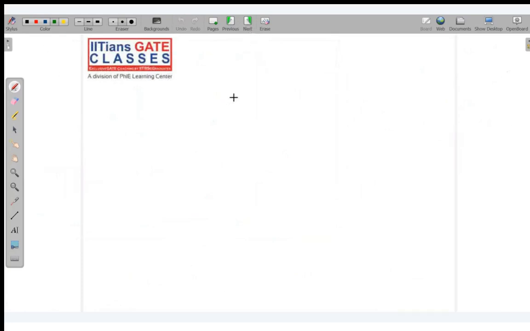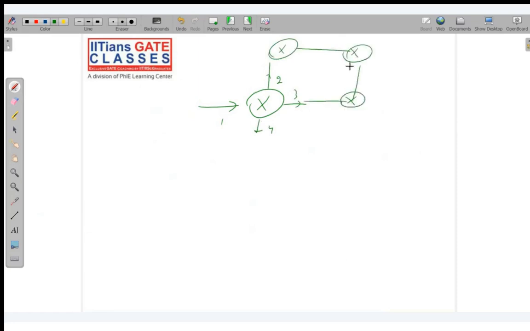So in reverse path, what we will say, this is a router. This is port number 1, port number 2, port number 3, port number 4. There are 4 ports. From port number 2 there is another router connected, here also, and so on. Like this we have a network. Now whenever a packet comes to this router, it will check the SIP, the source IP.